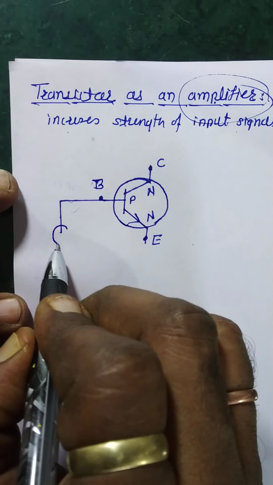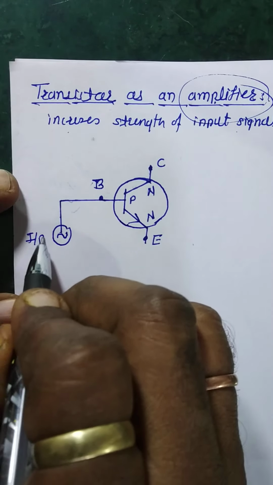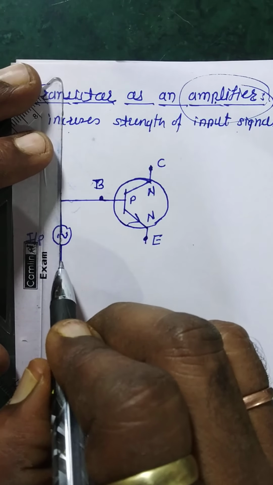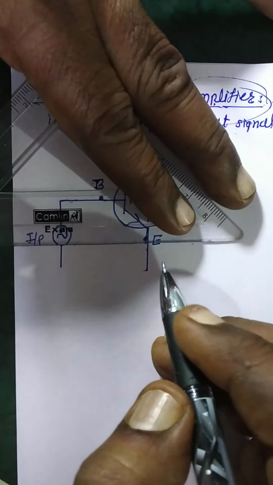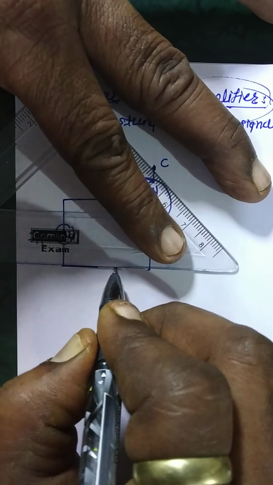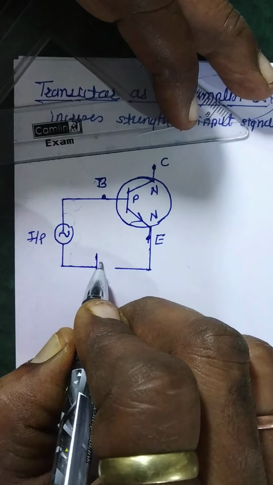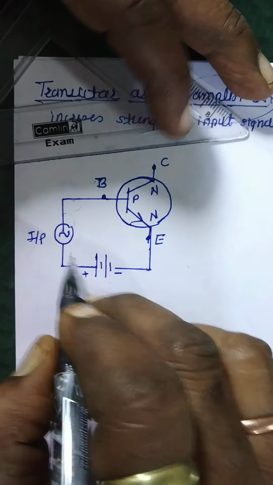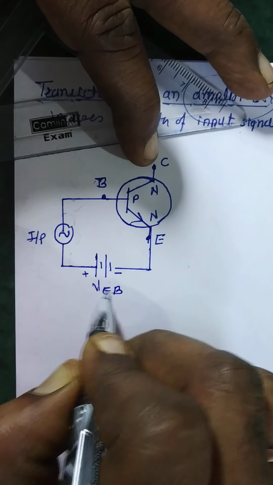Suppose this one as input signal whose strength is to be increased is connected in series with battery, forward bias potential between emitter and base.